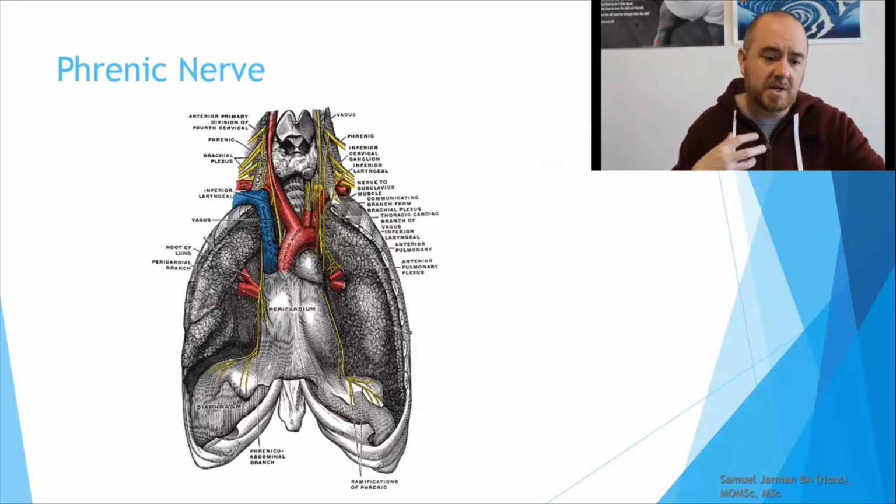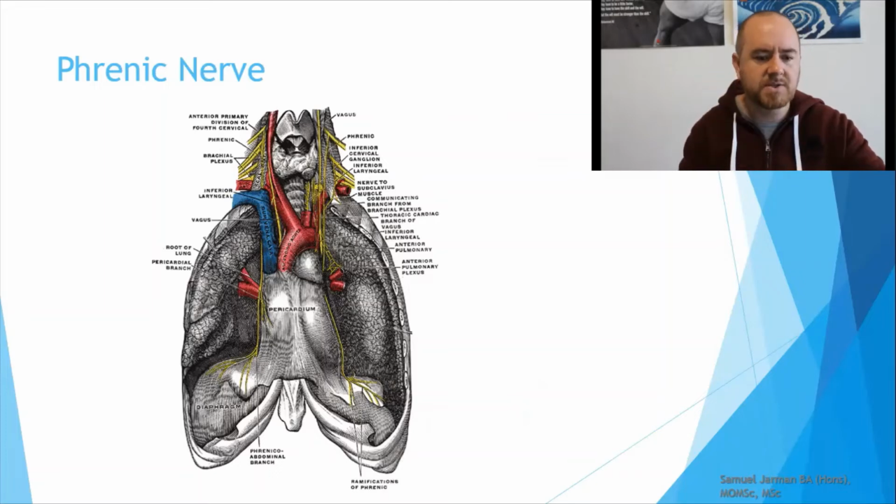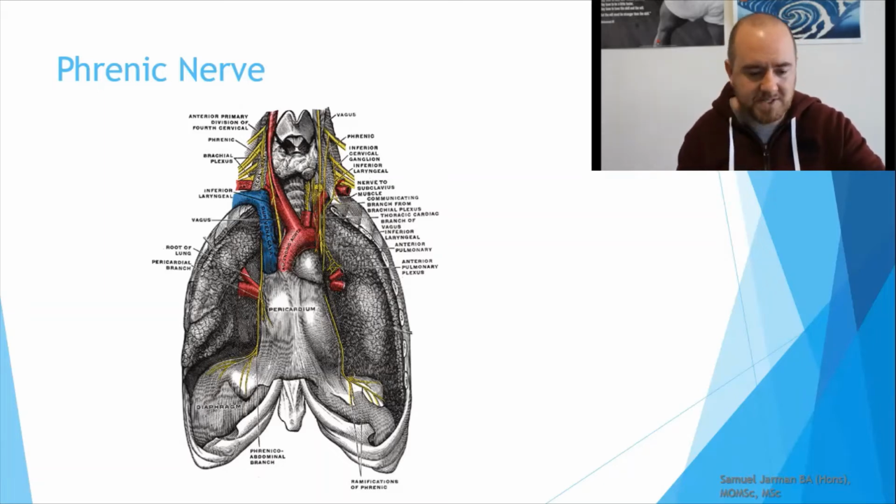Then with respect to the scalenes, it's anterior primary rami or segmental branches from varying levels of the cervical region. Depending on the source, C1 may be all the way down, but sources will vary. But anterior or segmental branches off of the anterior primary rami for the scalenes.